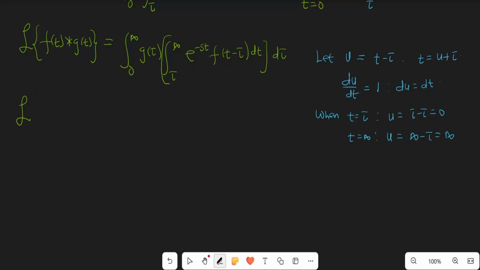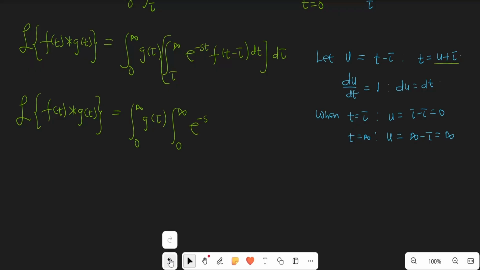So we have the Laplace transform of the convolution f of t convoluted with g of t, equal to the integral from 0 to infinity of g of tau. And now the inside integral has limits of integration from 0 to infinity, right? And then we have e to the negative s times t.